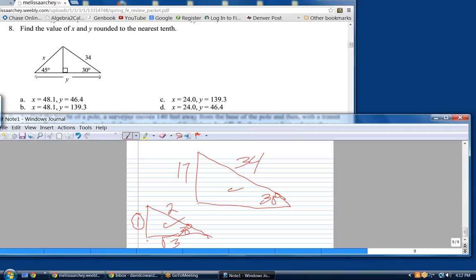Now, once we get 17, yes, we could use the Pythagorean theorem. Knowing that this side here has to be 17, we know that x is the square root of 17 squared plus 17 squared. But it's still much easier to do, rather than use the Pythagorean theorem, let's use our 45-degree triangle, which is 1, 1, square root of 2.